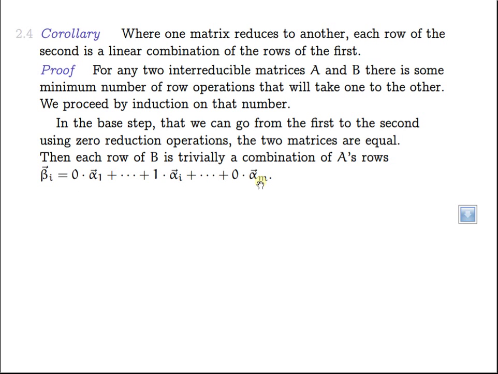We've shown that if A can go to B in 0 row operations, then the statement is true. The rows of B are linear combinations of the rows of A.